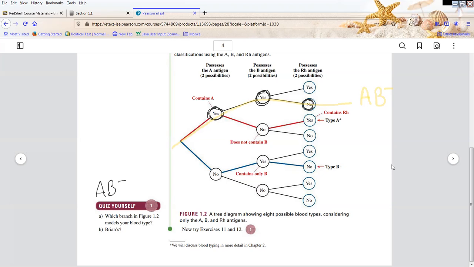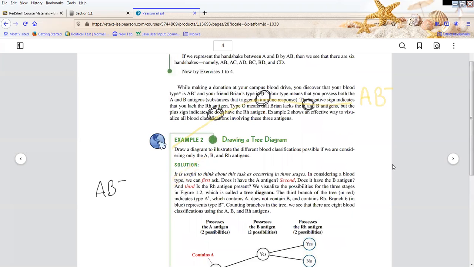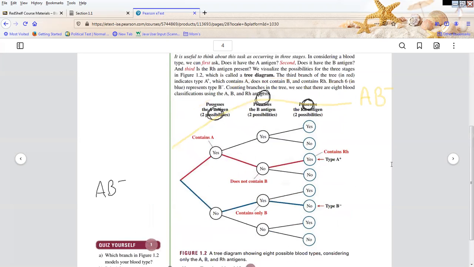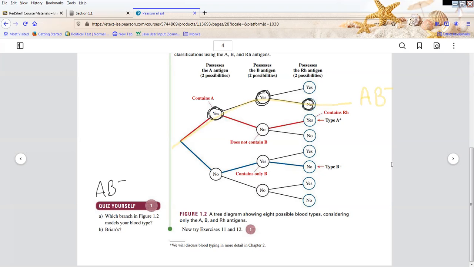All right, and then Brian had, let me go look back at Brian's. Brian had O positive. So Brian has no A antigens, no B antigens, but positive for the RH antigen because Brian was O positive.